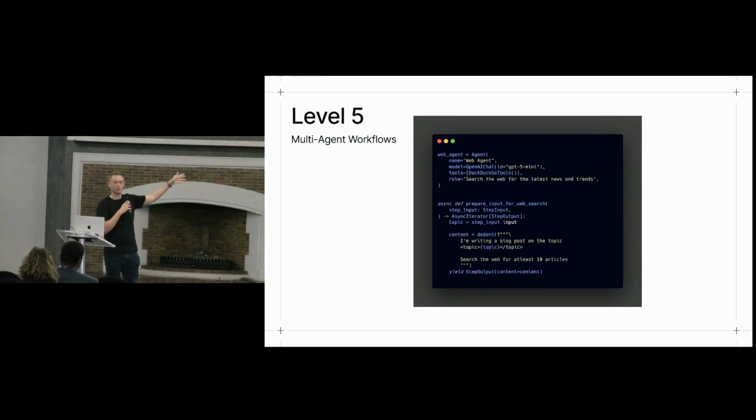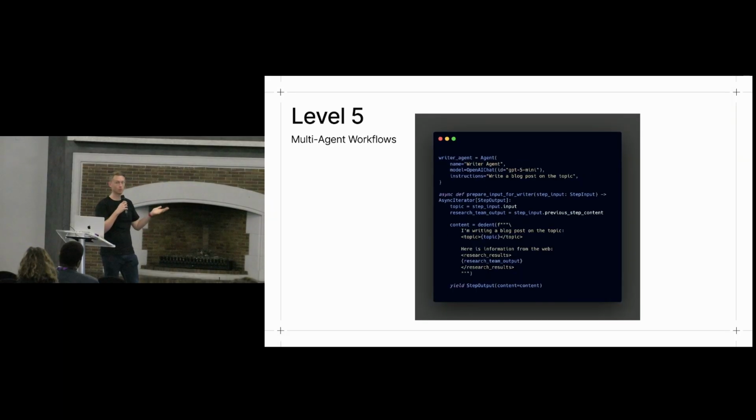We tell it you are designated to search the web. But we don't want the user input to just go to it directly. We want to do a bit of pre-processing of that. So we take whatever topic the user gives us and tell that agent, you have to write a blog post about this topic, search the web for articles. Okay, so this is our first agent and a little bit of a pre-processing step.